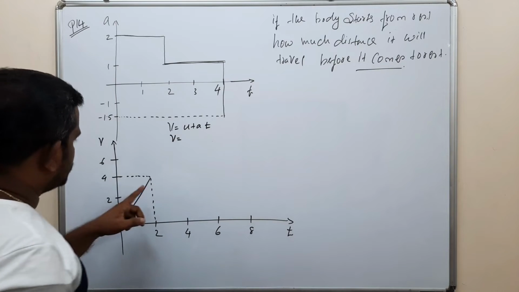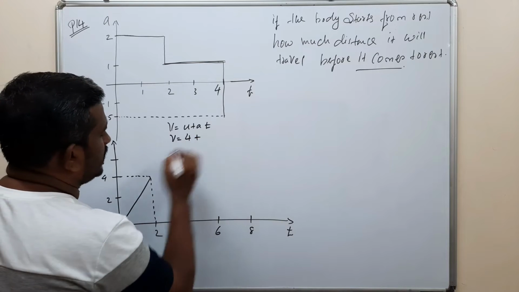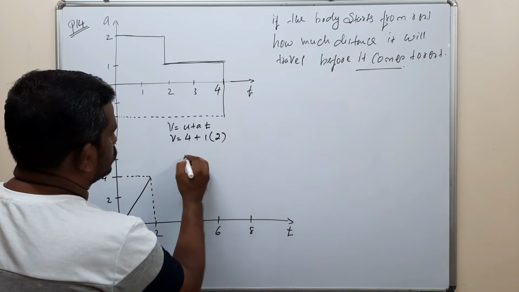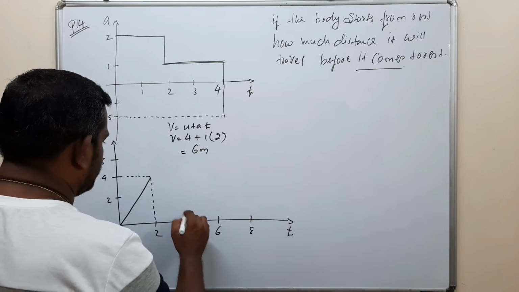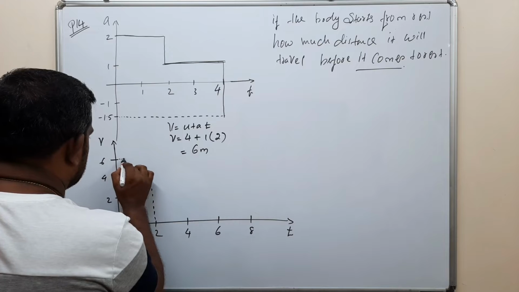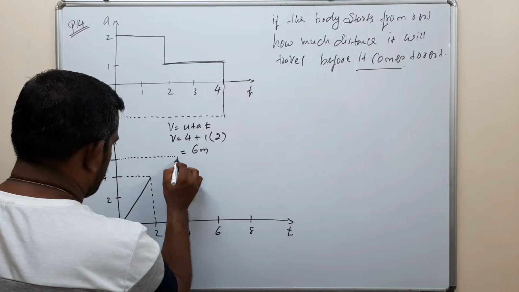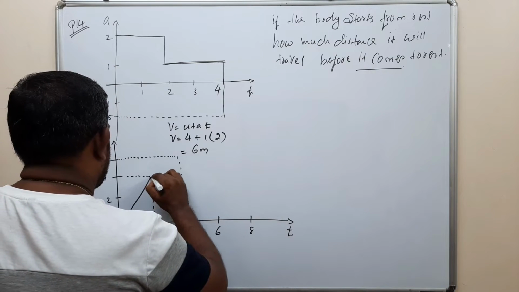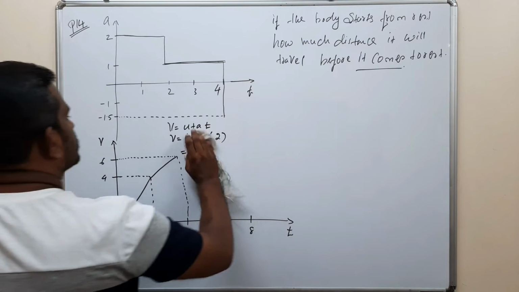The initial velocity at this point is 4, plus acceleration 1 into time 2. So that's equal to 6. So at 4 seconds it moved with the velocity 6.